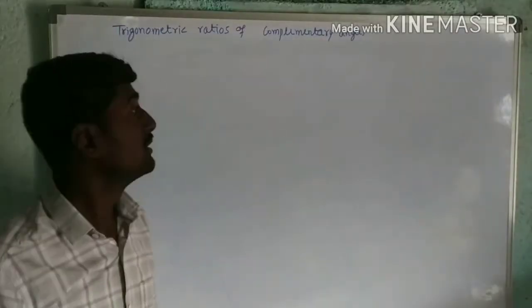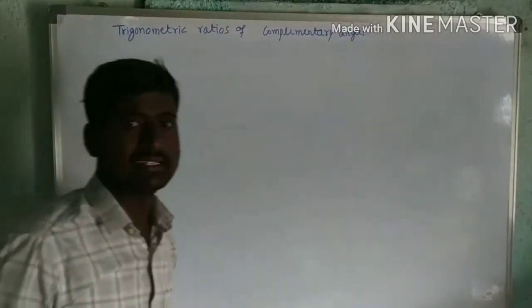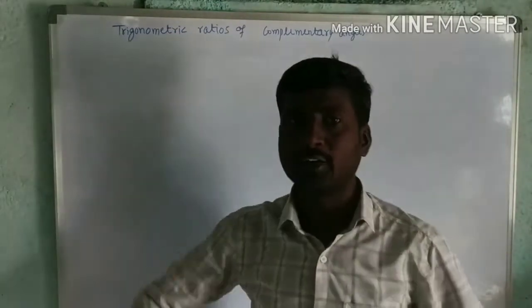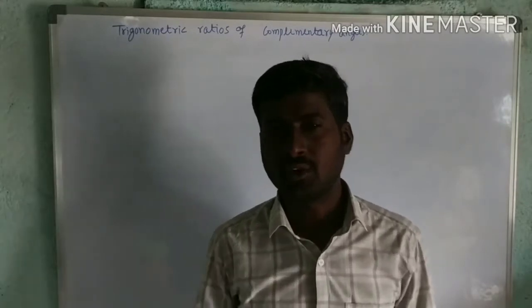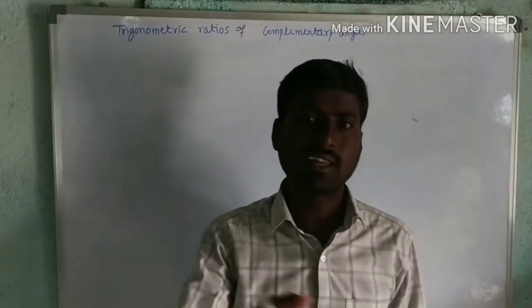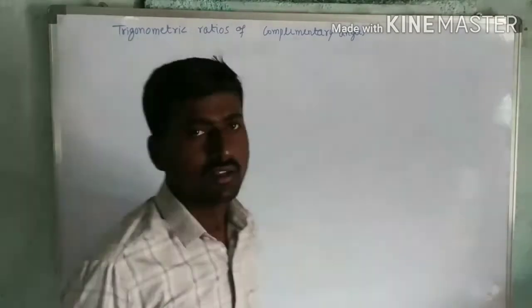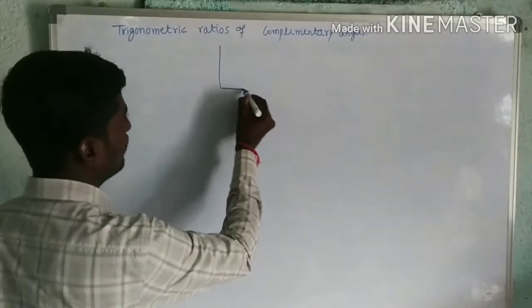Let us go for the next concept, trigonometric ratios of complementary angles. For complementary angles, how can we operate trigonometric ratios? We know complementary angles means the sum of two angles is 90 degree. So for this explanation, I will take one right angle triangle.